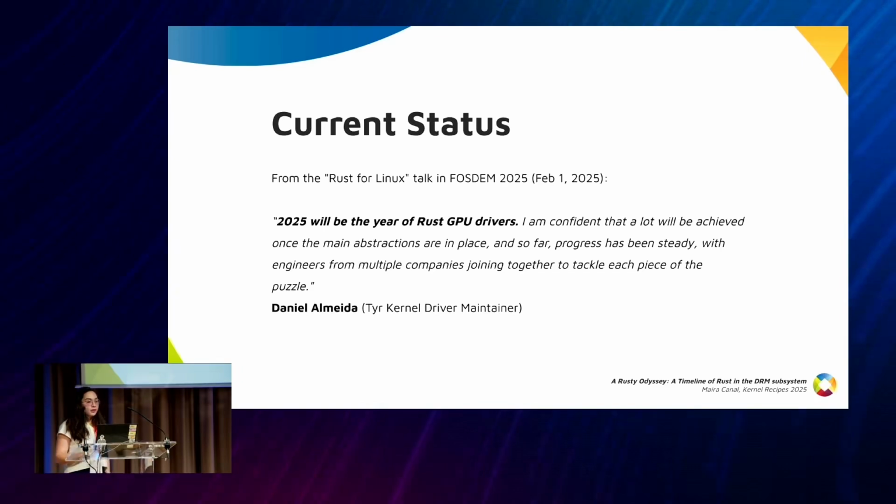I mean, 2025 is the year that we are seeing this huge progress being made. Daniel probably knew a thing or two of what was about to happen, but it stuck in my mind, this quote. And I think that this sums it up perfectly.